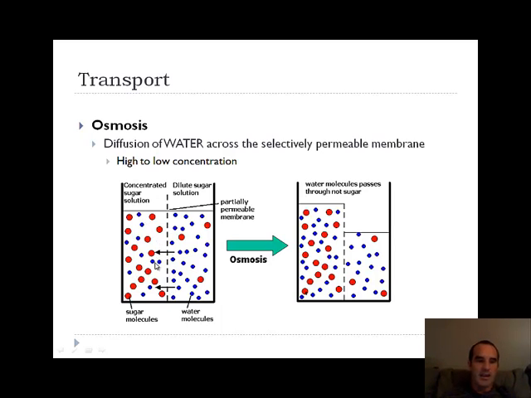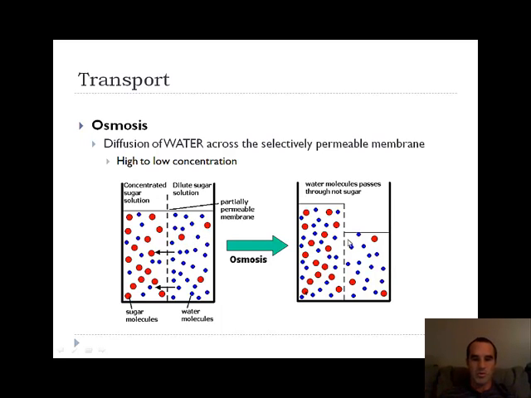If you have a high concentration of sugar, and sugar is the red, which means that sugar is taking up most of the space and water is only taking up a little bit, and then on the other side of our membrane we have a lot of water molecules and just a little bit of diluted sugar.